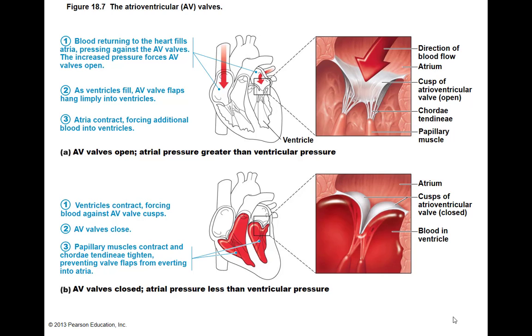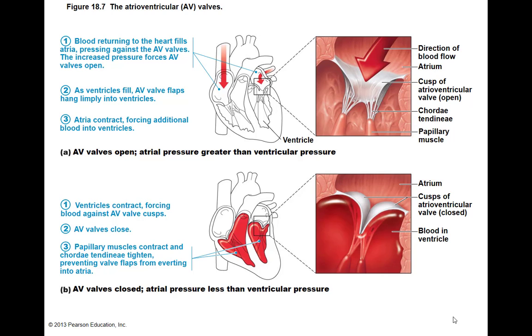This is just showing, when the atria contract, and they both do it at the same time, they will push their blood into the ventricles. Not that they have to pump blood very far, but they can generate enough pressure to open those valves, and then all the blood goes into the ventricles.